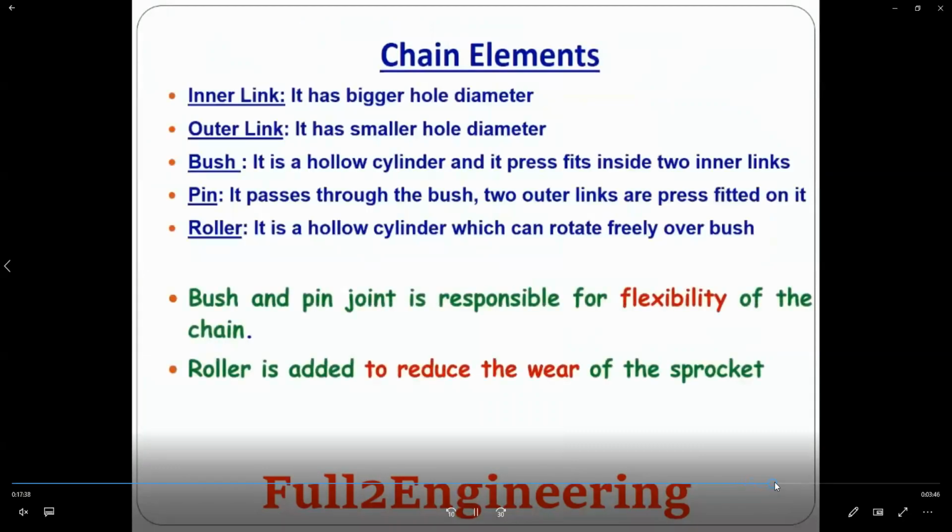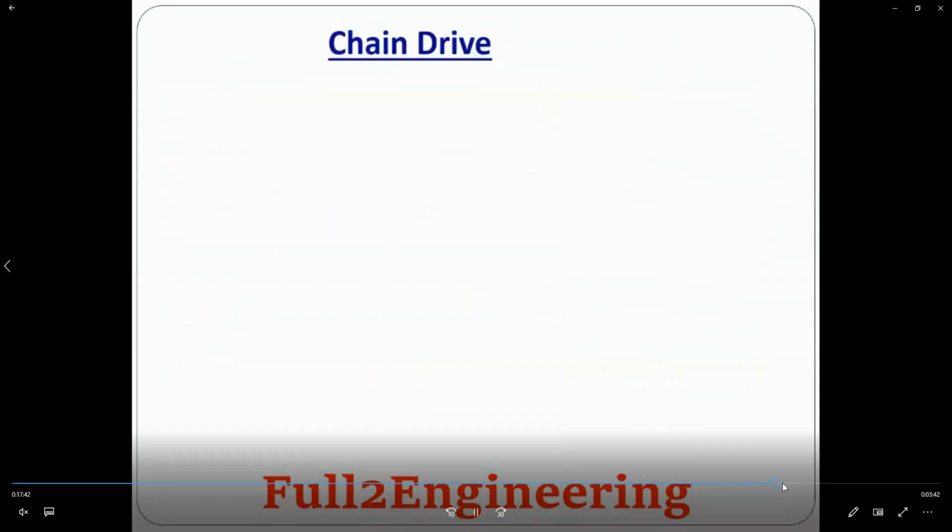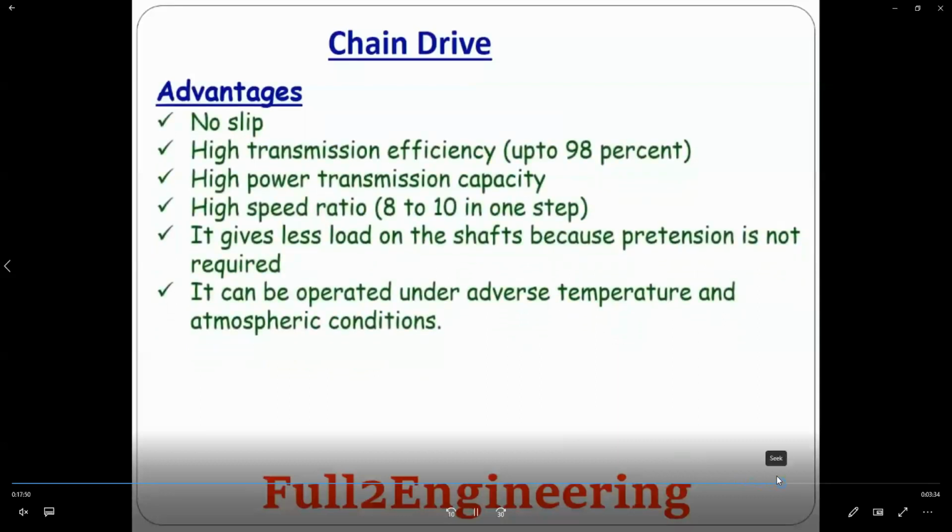Okay, it's flexible to move and reduces the friction.